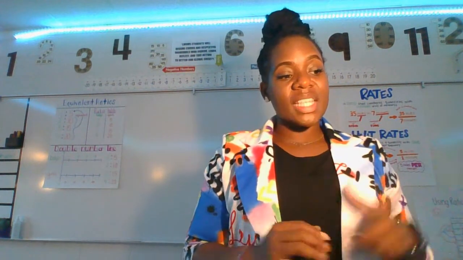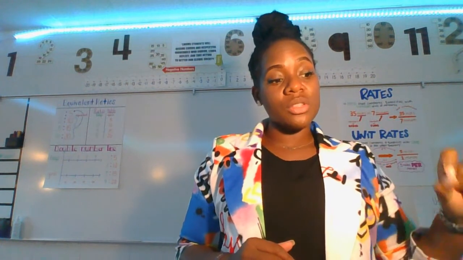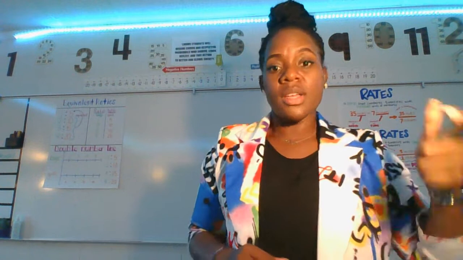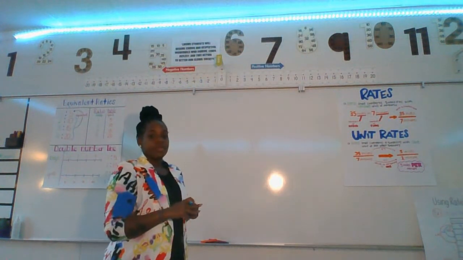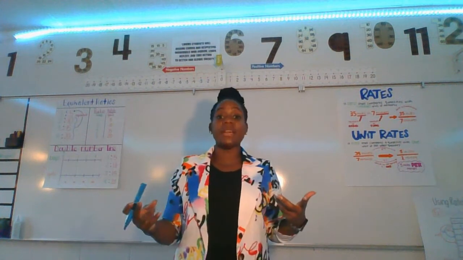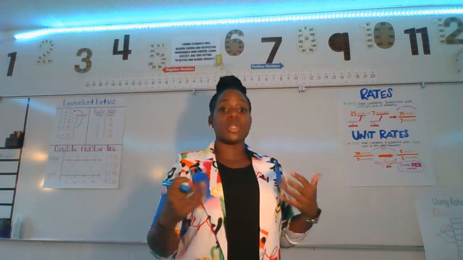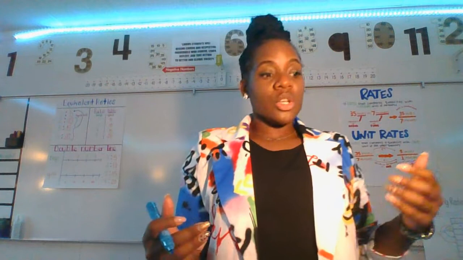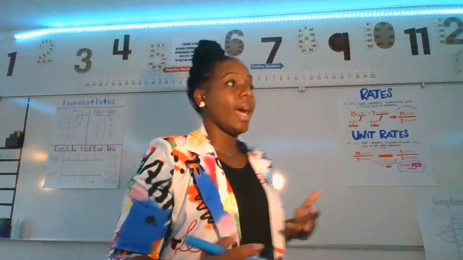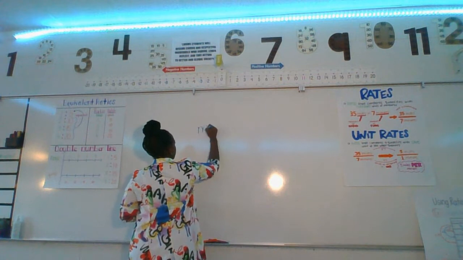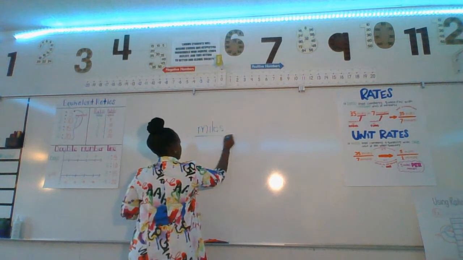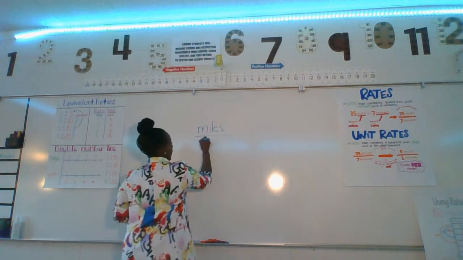The first one says the ratio of miles to the number of hours is 434 to 7. So all we would do is write the rate based on that. What we're comparing, the first thing you want to write is the words. So we're talking about miles to hours, so we'll say miles and then fraction bar hour.